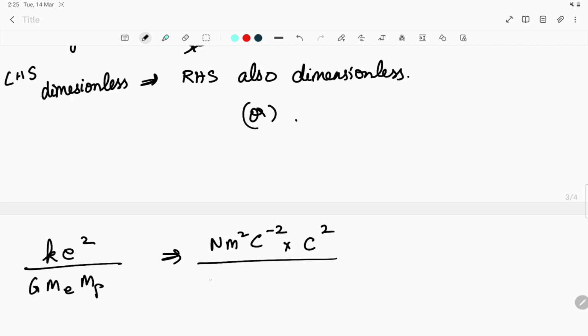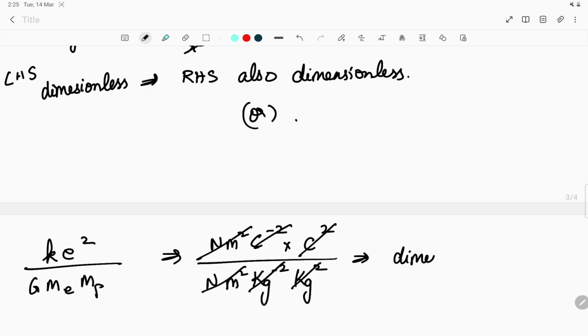And the unit of the gravitational constant is newton meter² kilogram⁻², multiplied by the product of two masses, which is kilogram². Obviously these get cancelled, and newton meter² and newton meter² also get cancelled. Therefore this ratio is dimensionless. Okay, so that is our answer.